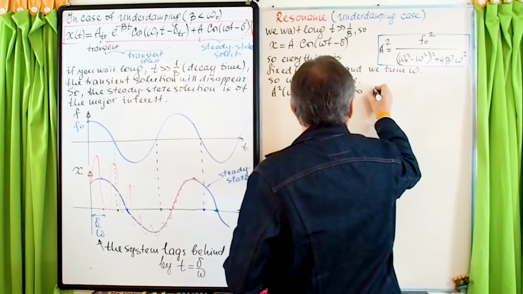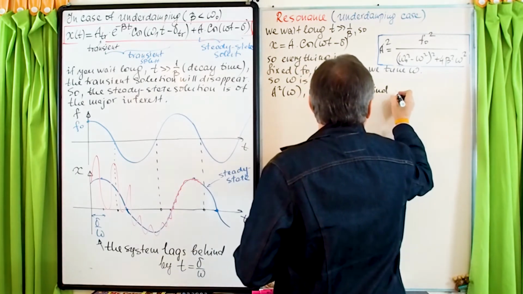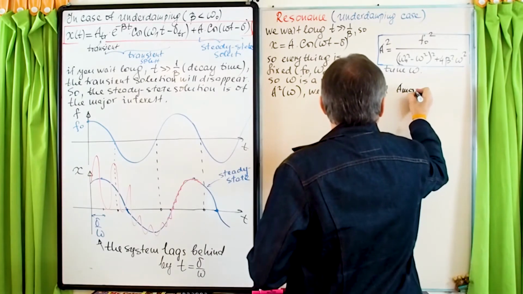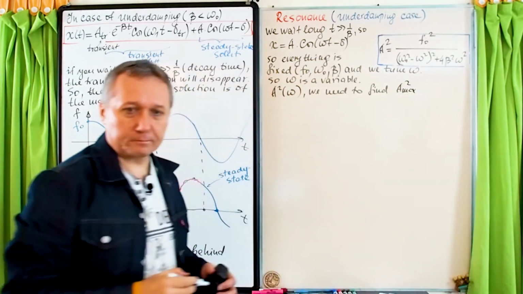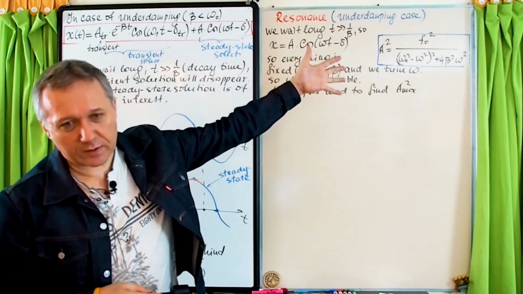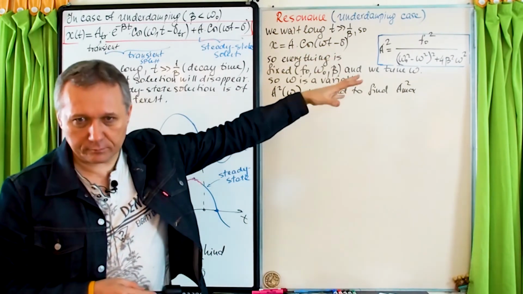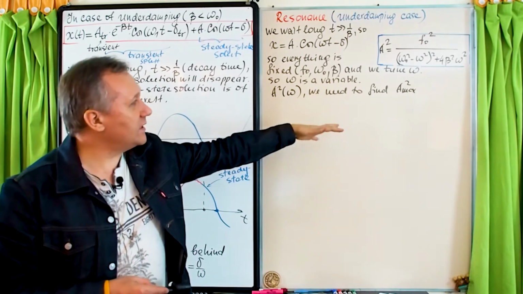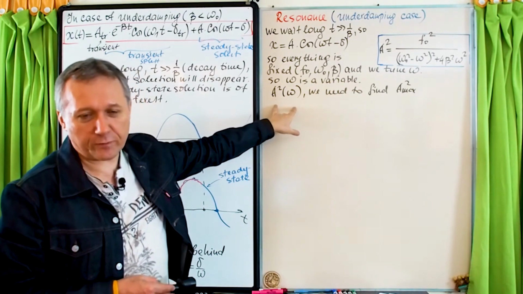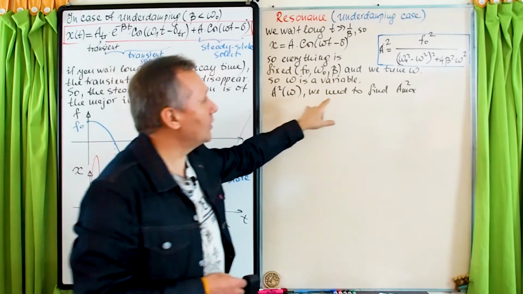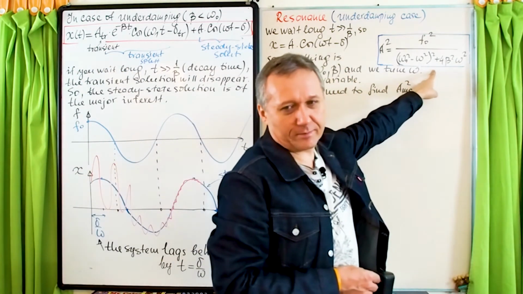But you know what? Since we have a constant divided by whatever we have in the denominator downstairs, it's easier to switch from finding the maximum of this function. Let's find the minimum of the denominator.